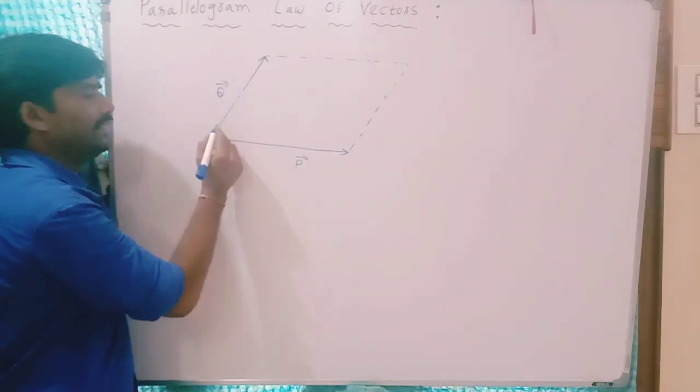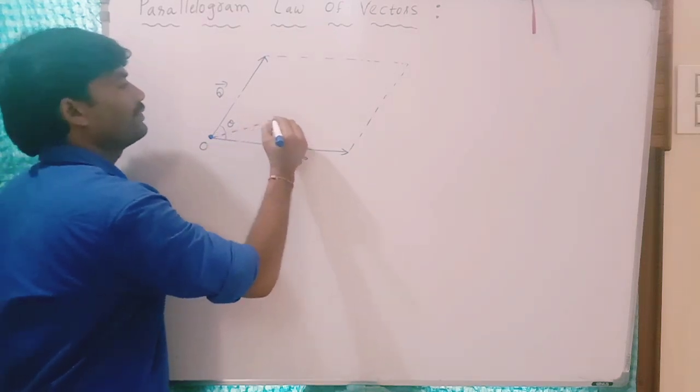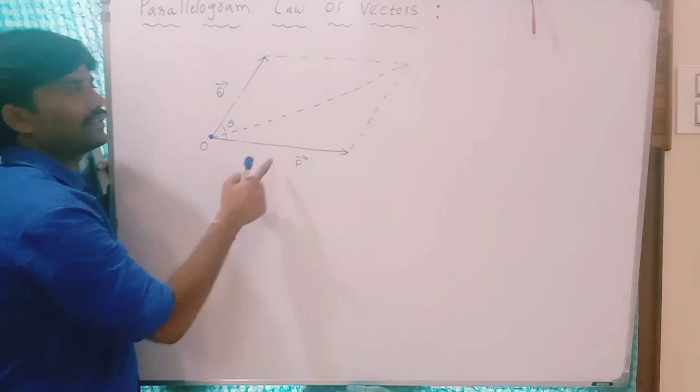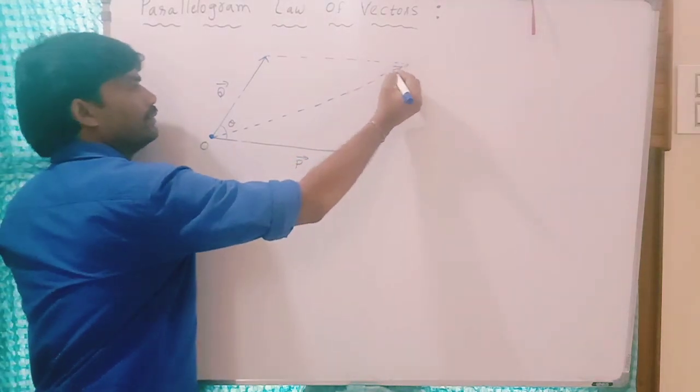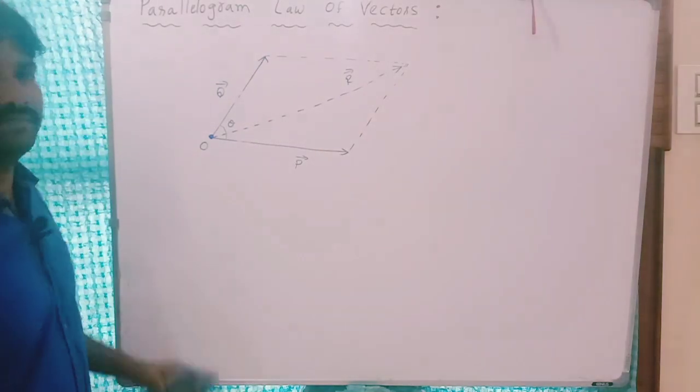If the angle between these two is theta, the diagonal of this parallelogram gives the magnitude and direction of the resultant of these two vectors. I repeat the statement.